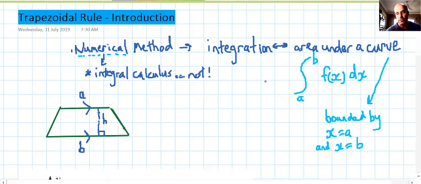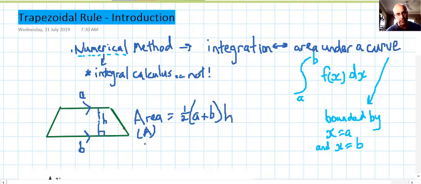And we can use a formula you may have seen. Area, or capital A, is basically the average of a and b, so half a plus b, it's just using the mean of a and b, multiplied by the perpendicular height h. That is not a slant height, it's a perpendicular height, and that's the area of a trapezium.